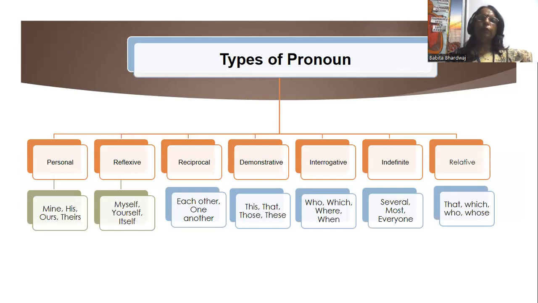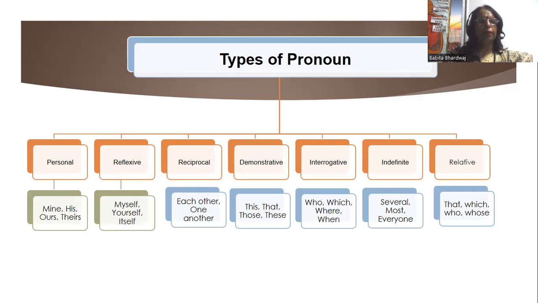Now, if we talk about the types of pronoun, there are many types here. I hope with these terms, you will be able to recall some of the words which we frequently use in our day-to-day conversation. The first type is personal.